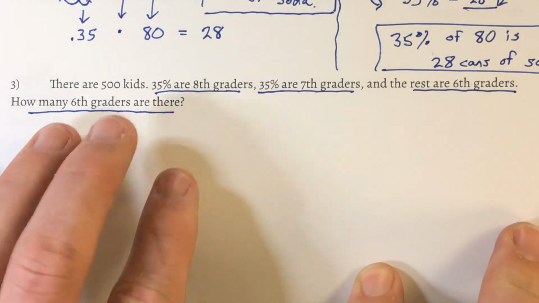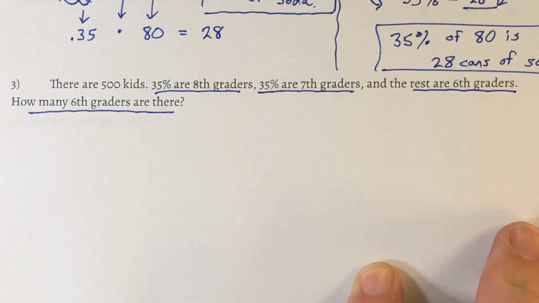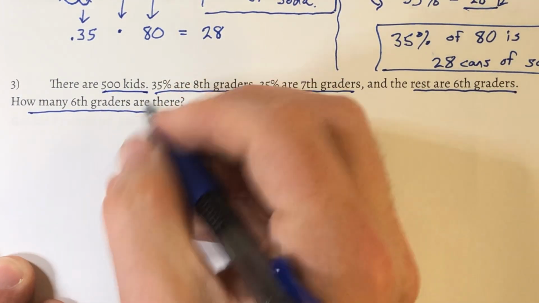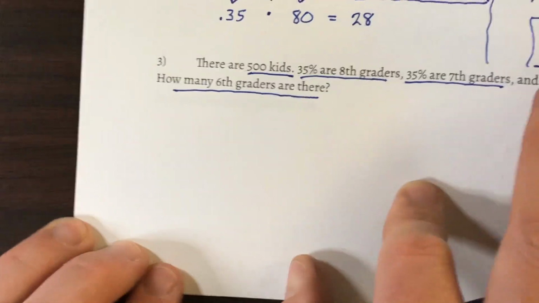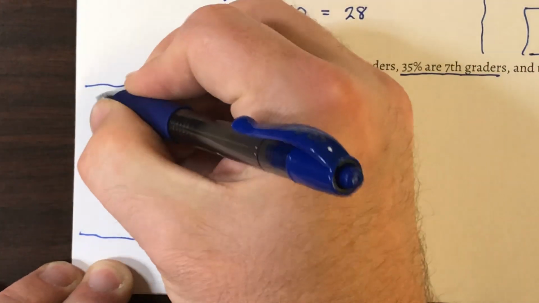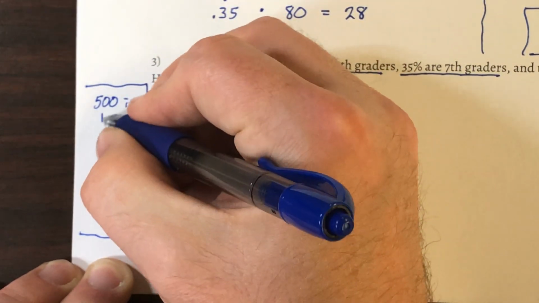Now, it's asking for a portion of something. Because it's asking for a portion, that implies that we know the whole, meaning 500 kids is our base. So let's jot that down. 500 is the base.